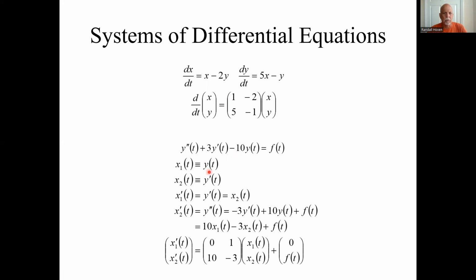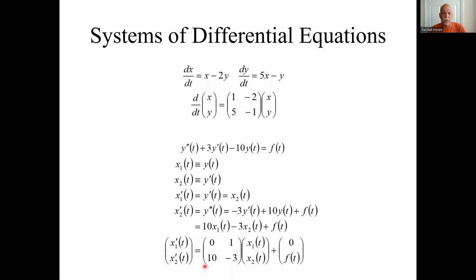It's y, so its derivative is y prime, which is x2. What's the derivative of x2? Well, it's y prime, so its derivative would be y double prime. We can express that in terms of the rest of it by this equation. So we can express it all in terms of other x's. Anyway, it ends up, you could put it in this matrix format.